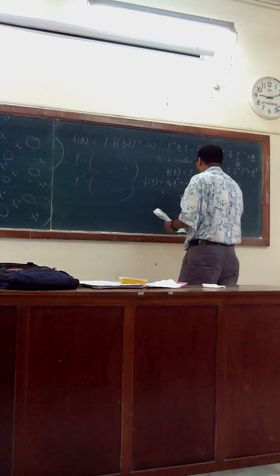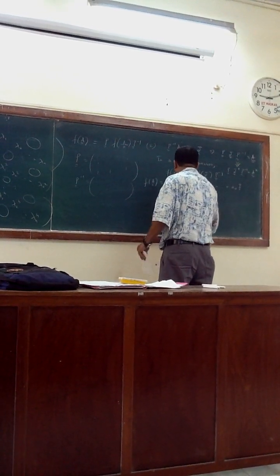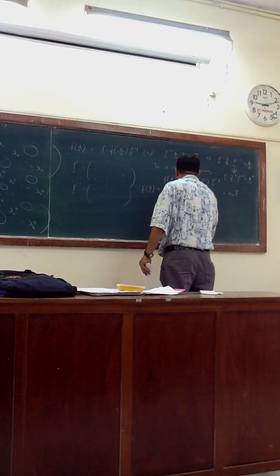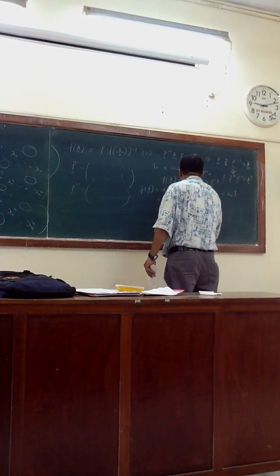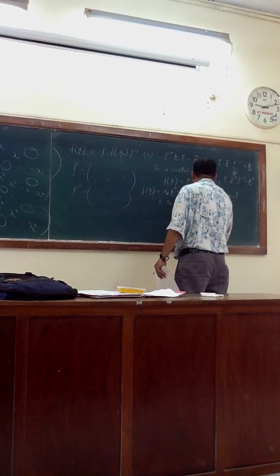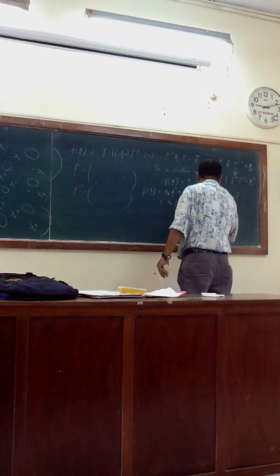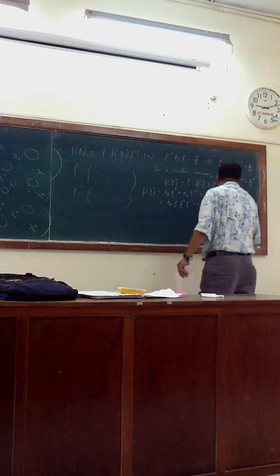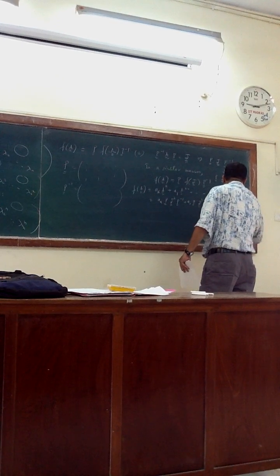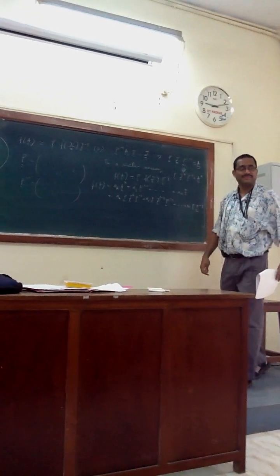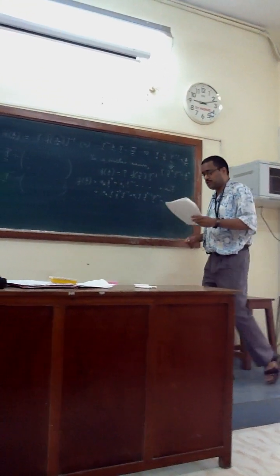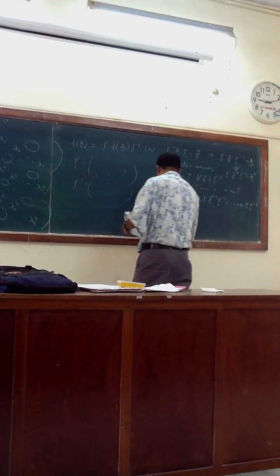So what will you replace? You will replace A as P J to the power n, P inverse. A1 P J to the power n minus 1, P inverse, and it will go on, and A0 P inverse, right? So what actually happens?